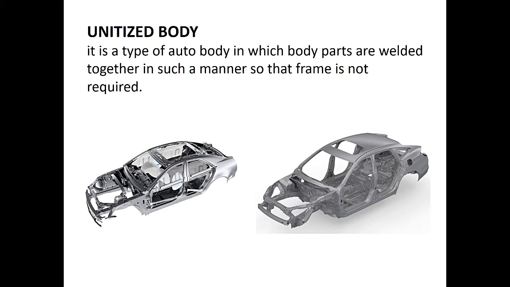By not requiring a frame, it doesn't mean that it does not have a frame, but the various parts are welded and integrated together in such a way that they actually perform the function of a very good frame. And this type of frame is called unitized body frame.